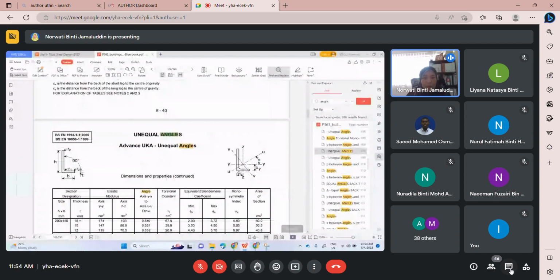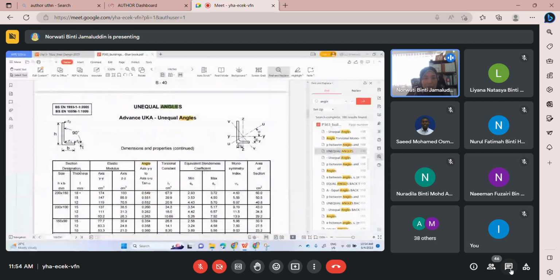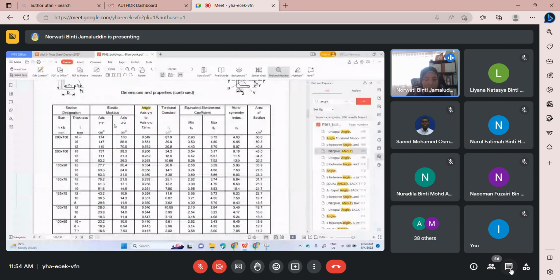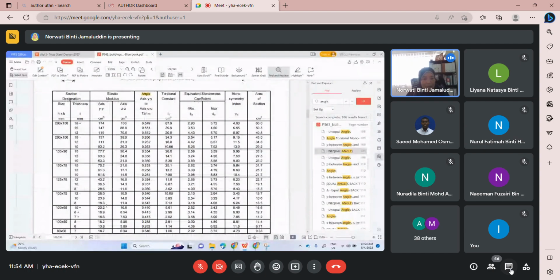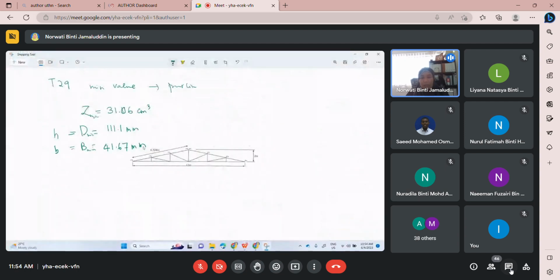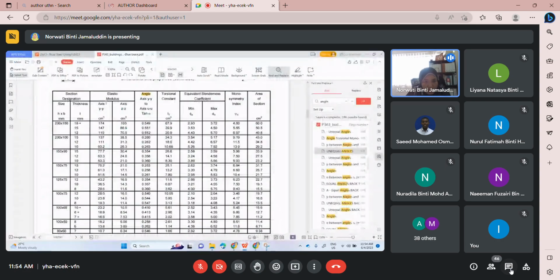Okay, continue. Elastic modulus should be not less than 31.1 because this is minimum, not less. 31.1. So modulus elastic, I have two modulus elastic, Y and Z. So which one should I refer to?